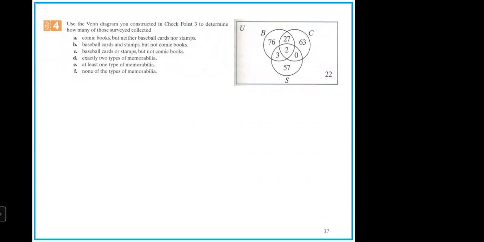Sorry, 228. Okay, right. And then the last part says none of the types of memorabilia. 22. Right, thank you.